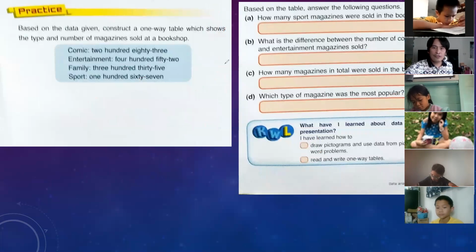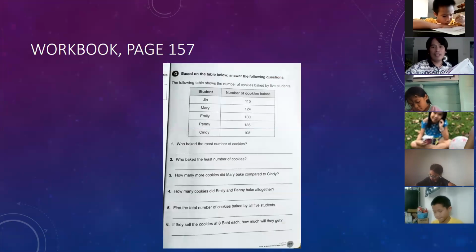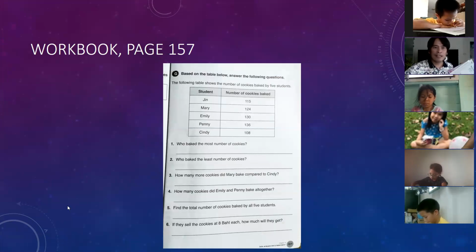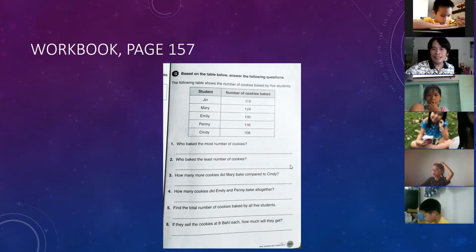On page 157, class. Based on the table below, answer the following questions. The following table shows the number of cookies baked by 5 students.